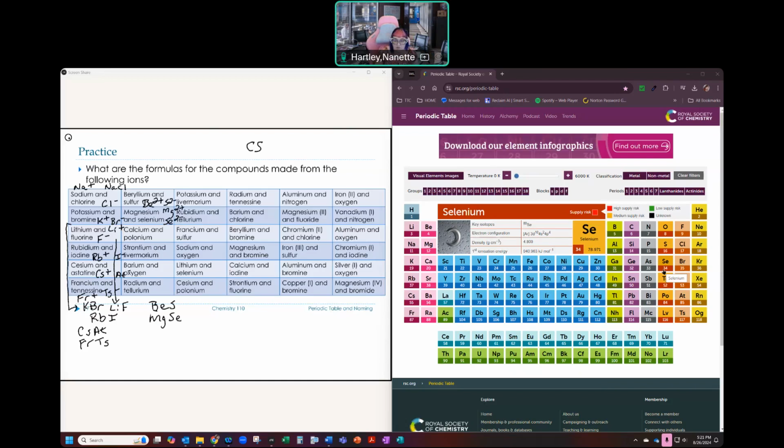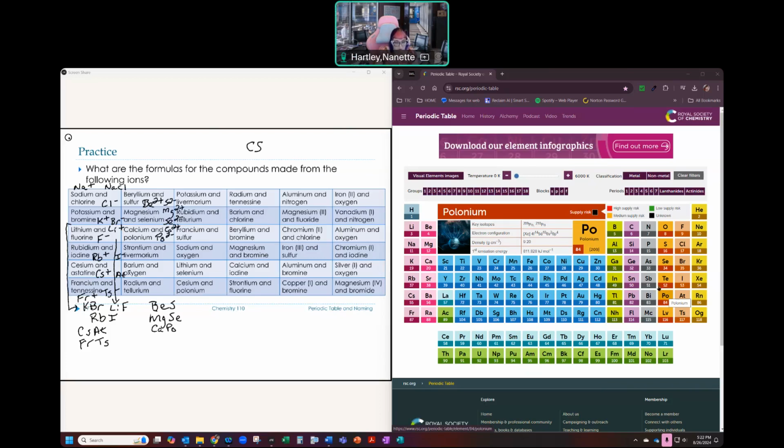Calcium. This guy right here, he's Ca2+. And then we need polonium. So polonium is actually this guy right here. He's Po and he's going to be a 2- because he's also a chalcogen. Po2-. So that's CaPo. Okay.